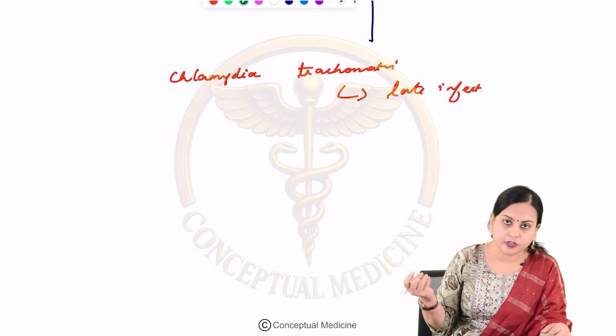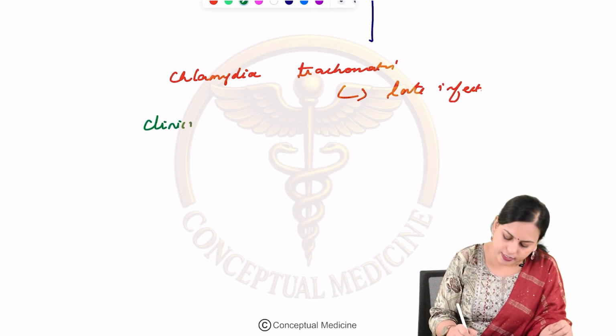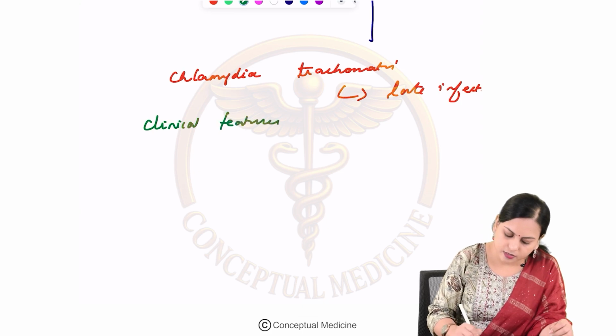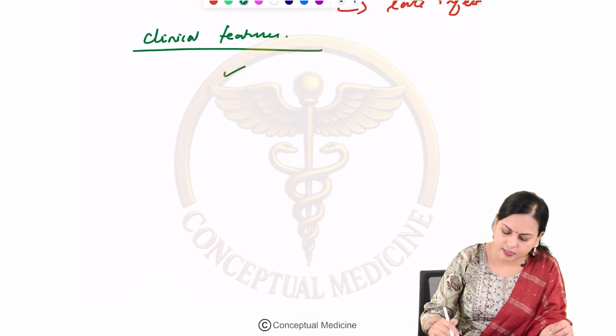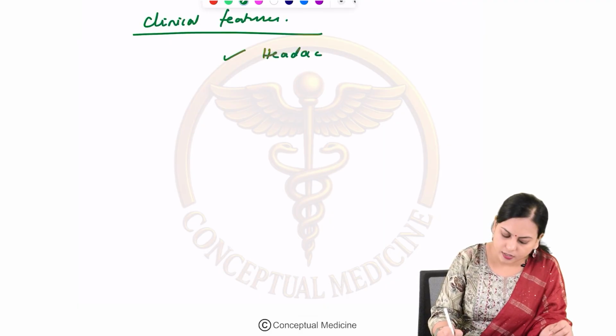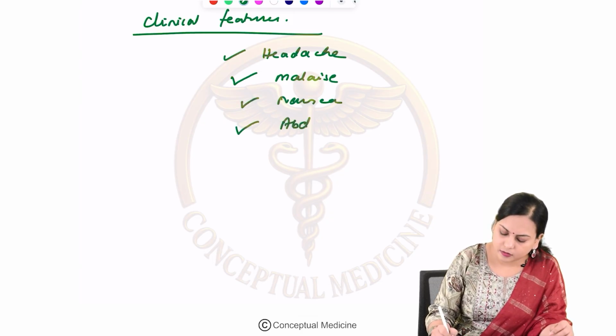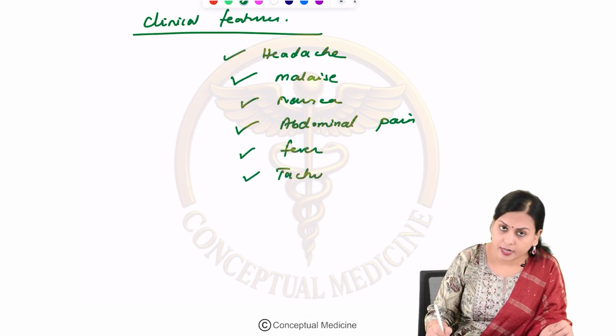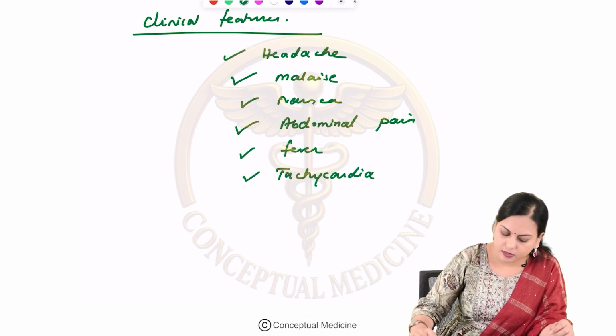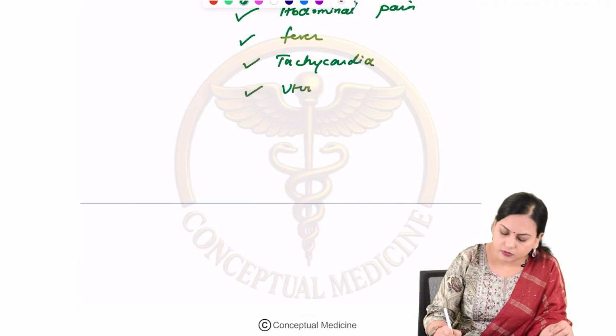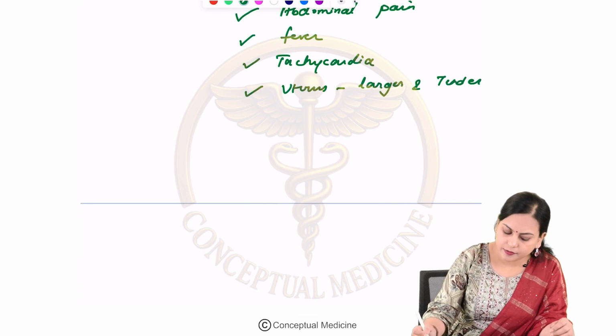So, what are the clinical features of puerperal sepsis? Clinical features include symptoms like headache, malaise, nausea, abdominal pain, and signs like fever, tachycardia, and the uterus can be larger and tender.